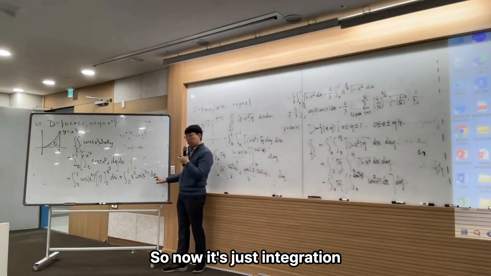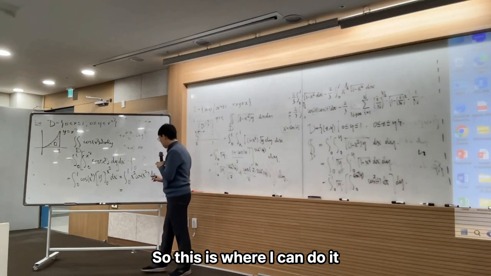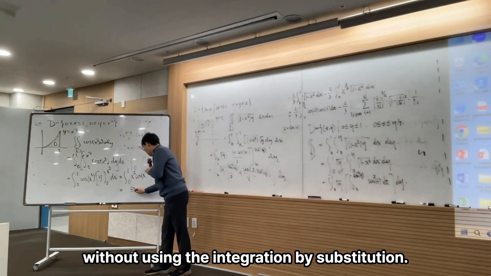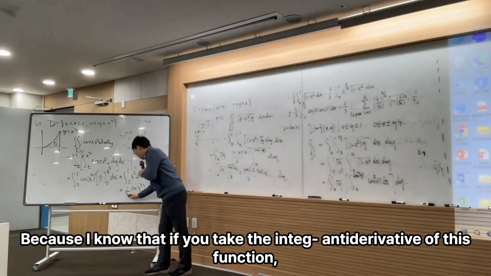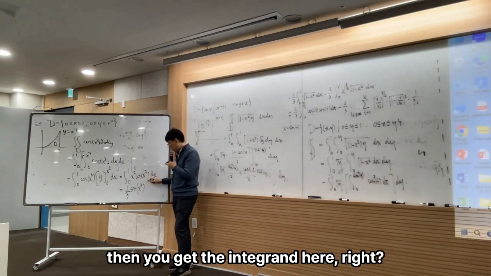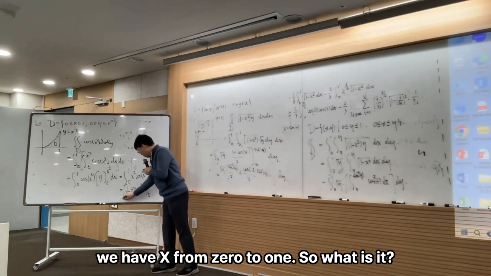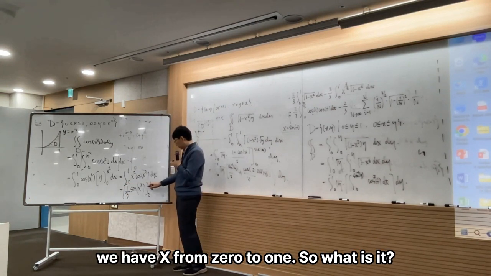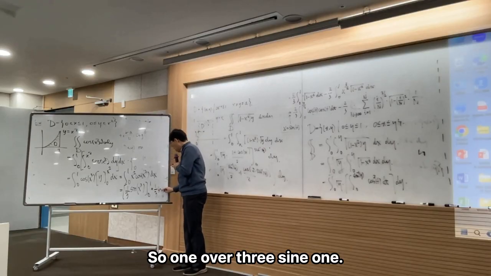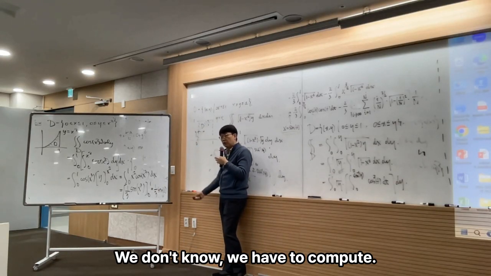So now it's just integration by substitution. I can do it without using substitution, because I know that if you take the derivative of this function, then you get the integrand here, just by eyeballing. We have x from 0 to 1. So what is it? One third sine 1. Okay, again, what is sine 1? We don't know, we have to compute.